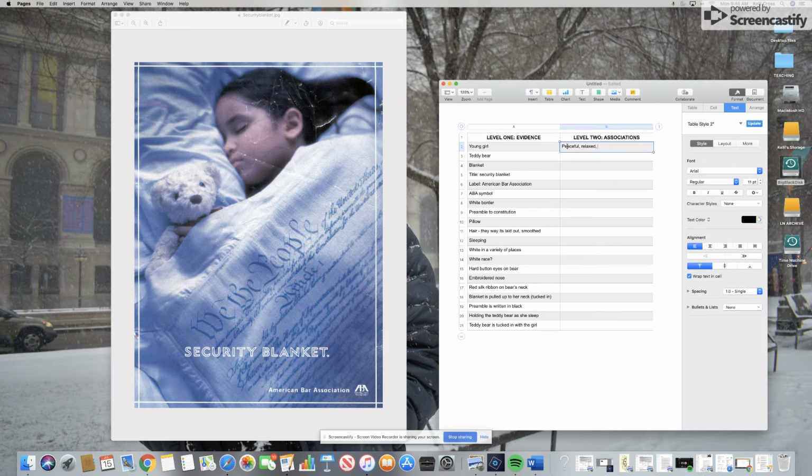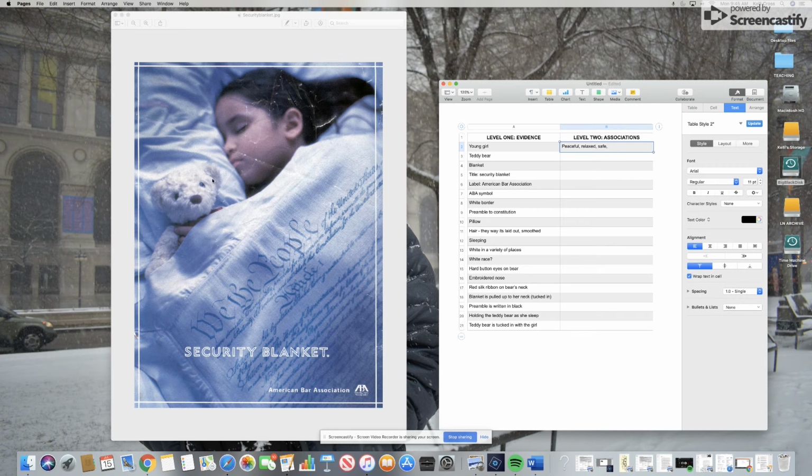She's sleeping and her eyes aren't squinched and her mouth isn't pursed and her demeanor is kind of at rest. I'm going to say safe, right? Kind of made me feel safe. And if I get more information, I can always go back to these, but I'm going to want to put down as much as I think right away. Peaceful, relaxed, and safe.